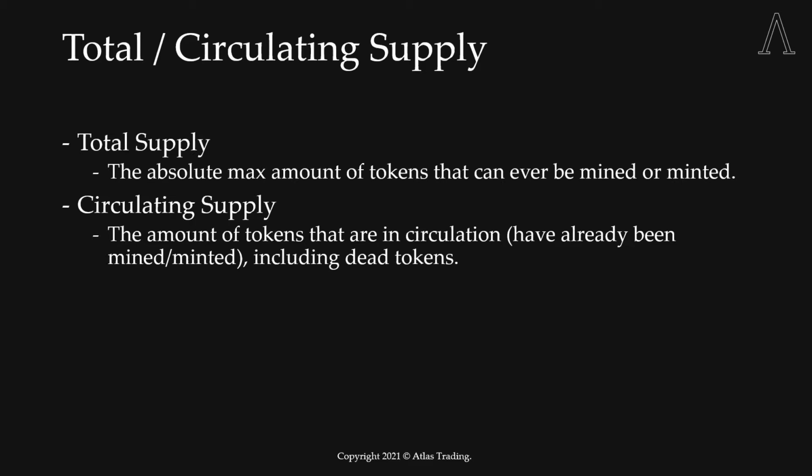Now, these include dead tokens, so tokens in dead wallets, from somebody who might have passed away without sending their assets elsewhere, or somebody who's lost a password or seed phrase to their wallet. They're still included in the circulating supply, even though they're locked and can never be touched, which technically will only ever help with the scarcity and the asset value appreciation over time.